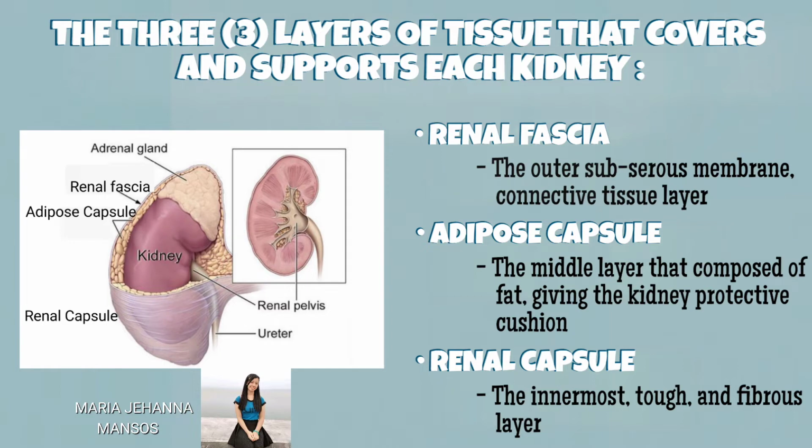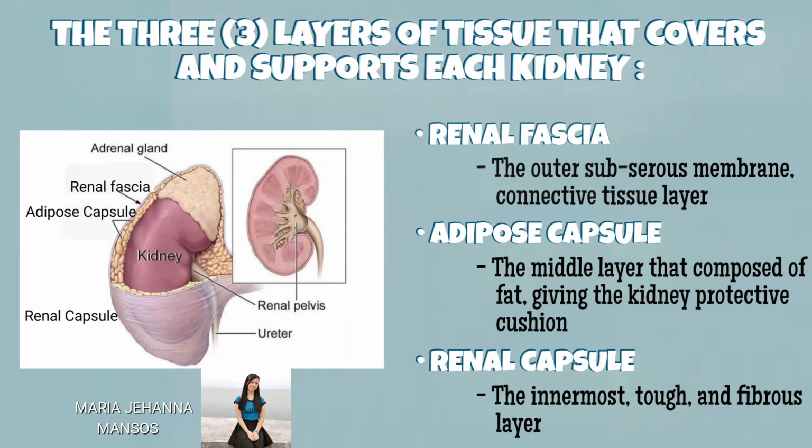So, in the external anatomy of our kidney, we have here the three layers of tissue that cover and support each kidney. So, first, we have the renal fascia, which is the outer subserous membrane and connective tissue layer. So, it is in the outside part of our kidney.